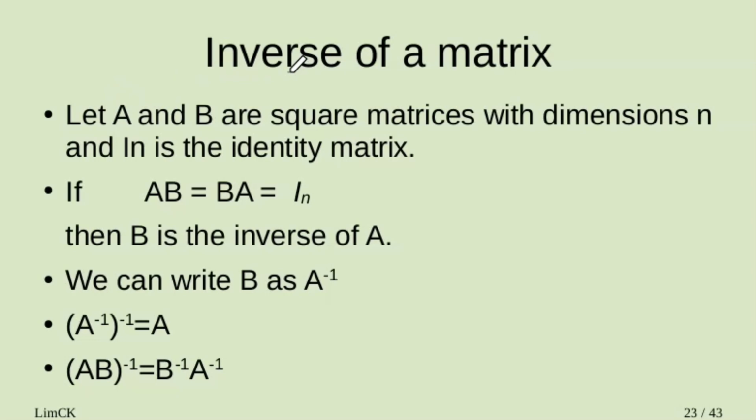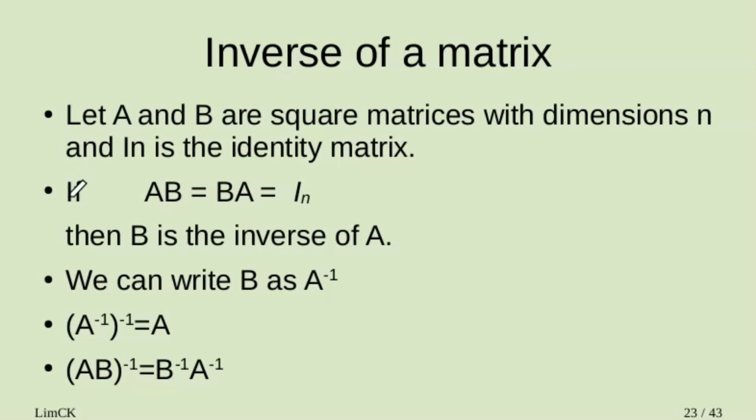Inverse of a matrix. Some square matrices have an inverse. I should repeat here: only a square matrix can have an inverse, but not all square matrices have an inverse. So if you can find an inverse, that means this is definitely a square matrix.